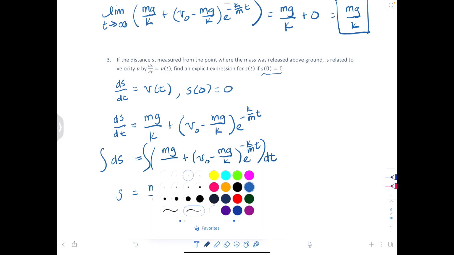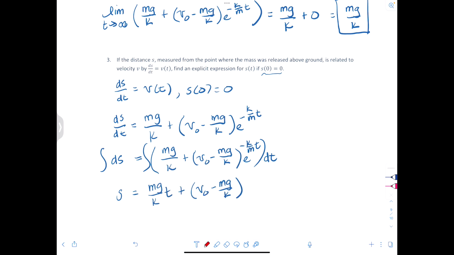But notice I need a factor of negative k over m from the exponent. If I did a u substitution, I would say u equals negative k over m t. So for that portion of the integral, I need a factor of negative k over m with that dt, right?